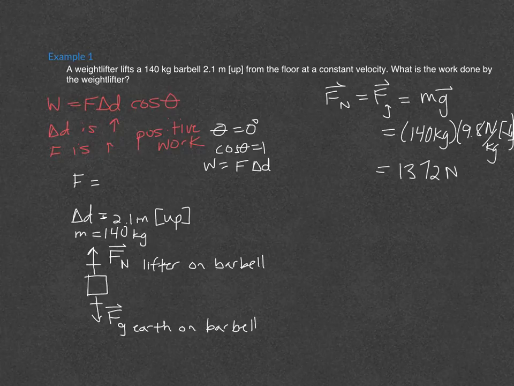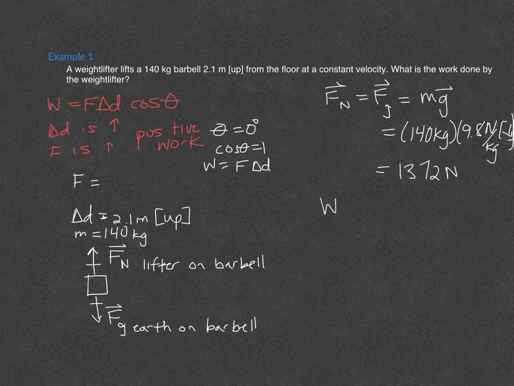We're not going to worry about direction because they're in opposite directions. Gravity would be down, the normal force would be up. And then work is going to be equal to the normal force, the force of the weightlifter, multiplied by the displacement, and it's just going to be multiplied by 1 because cos theta will be 1 because we have positive work.